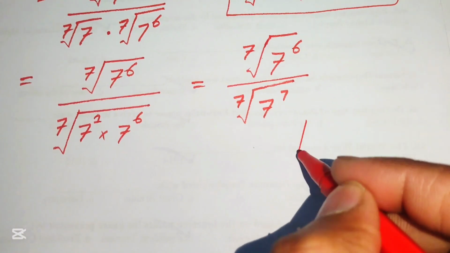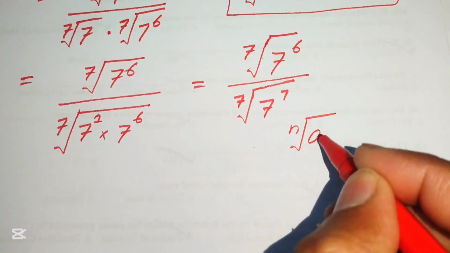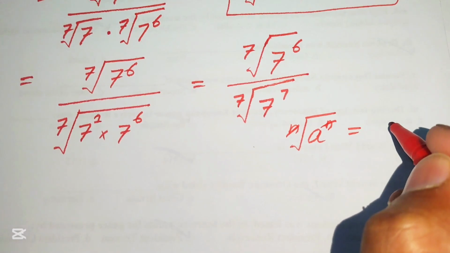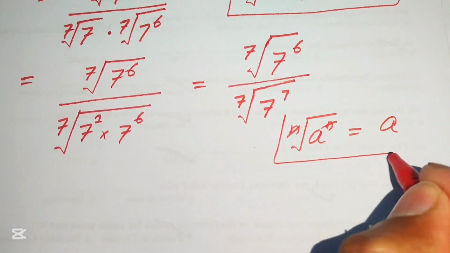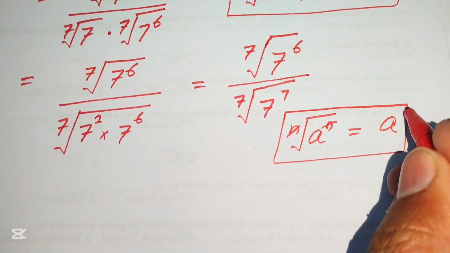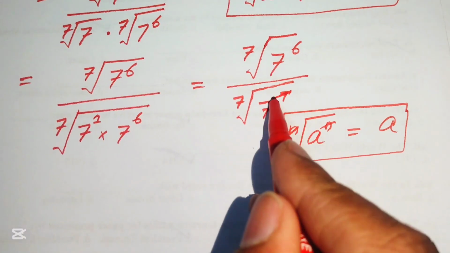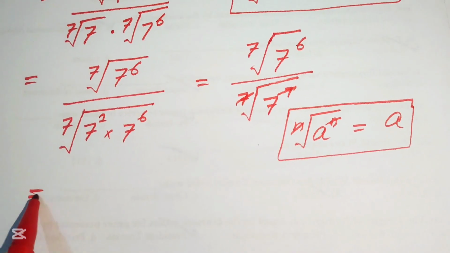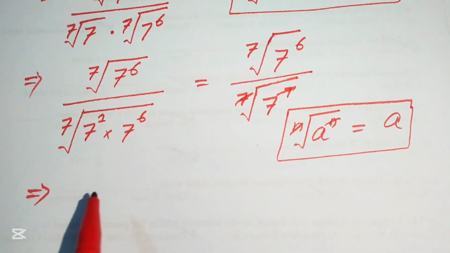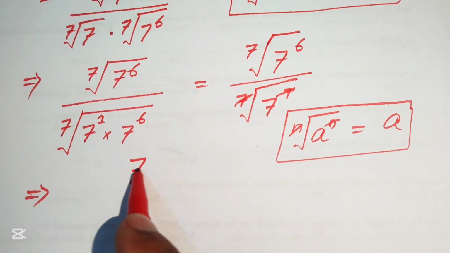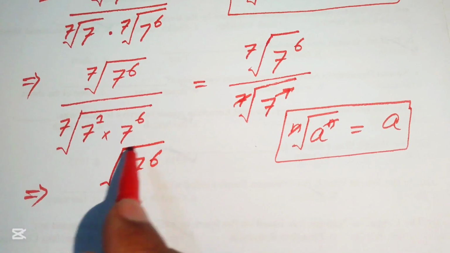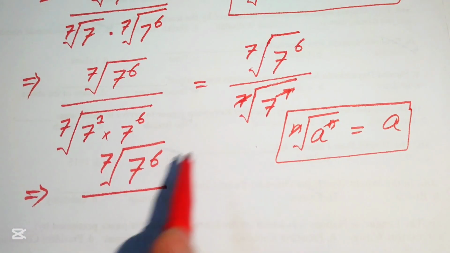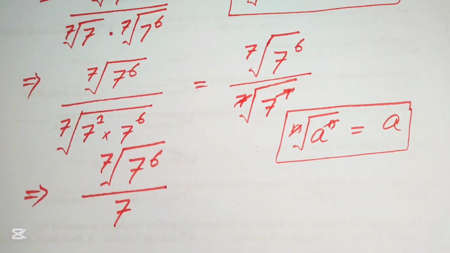If we have nth root of a to the power of n, then the n and n cancel each other, and you get only a. According to this law, the 7 and the 7 cancel each other, and the remaining terms are in this form: 7 to the power of 6 and its 7th root, divided by 7 only.